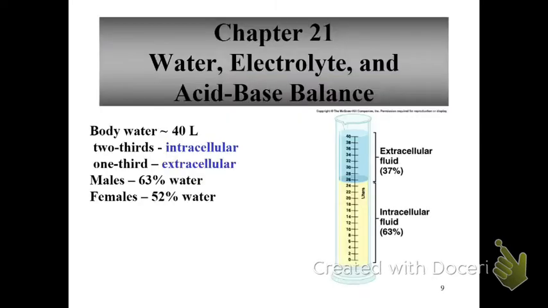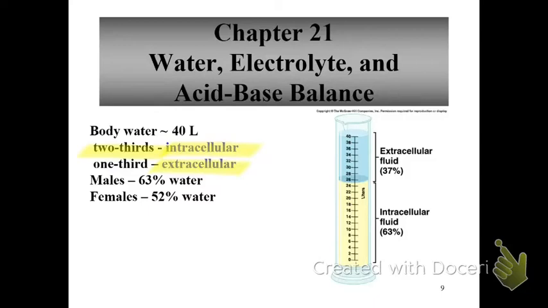Looking at slide 9, you want to know intracellular, which is the amount of water inside the cell, and extracellular, like in the tissue, which is outside. Intra means inside, extra, E-X-T-R-A, means outside. Two thirds of the body fluid is inside the cell, and the other one third is outside the cell.